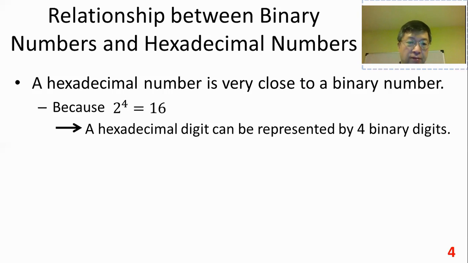Because 2 to the 4th. Here, binary digits mean bits. Bit is coined from the two words, binary digit.